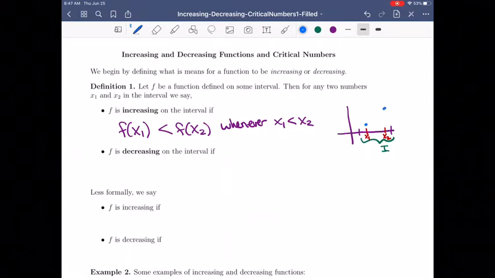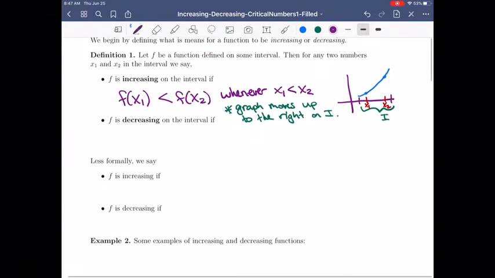So my curve is doing something like this, and it does it on the whole interval. It doesn't matter which x1 and x2 I pick in the interval, the y value of the smaller one is always smaller than the y value of the bigger one. So what this means is that the graph moves up to the right on the entire interval.